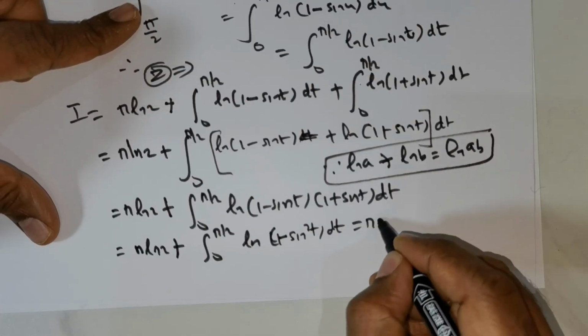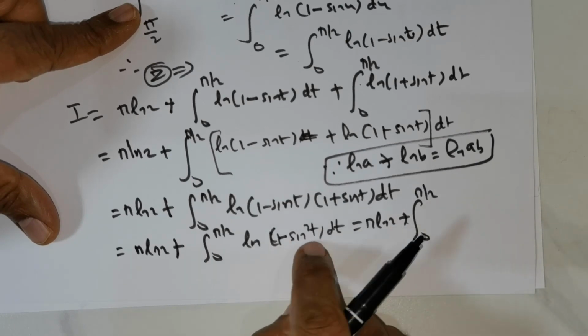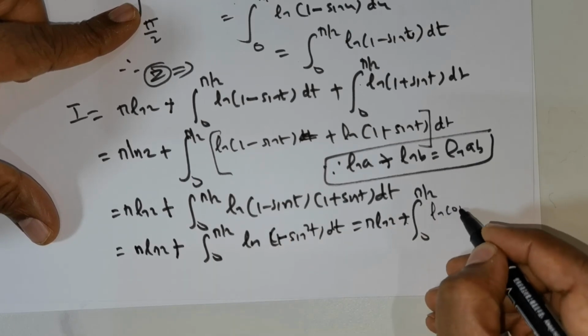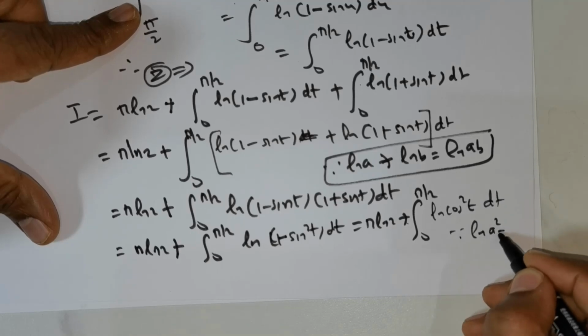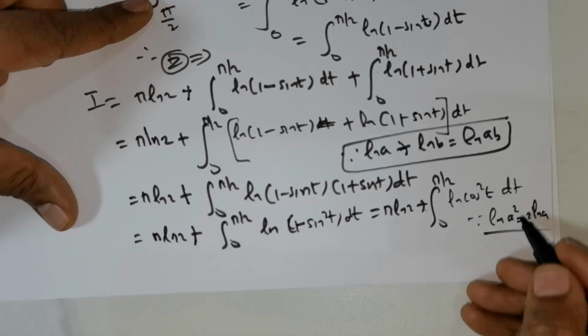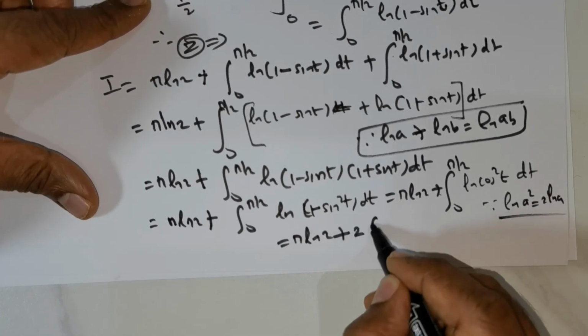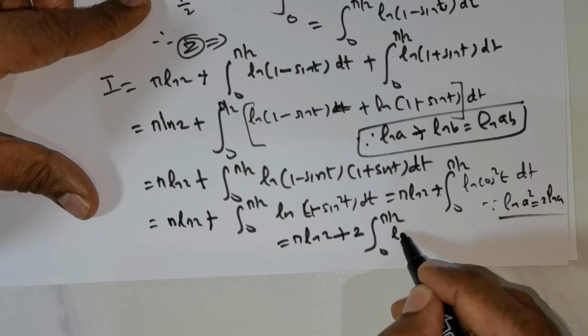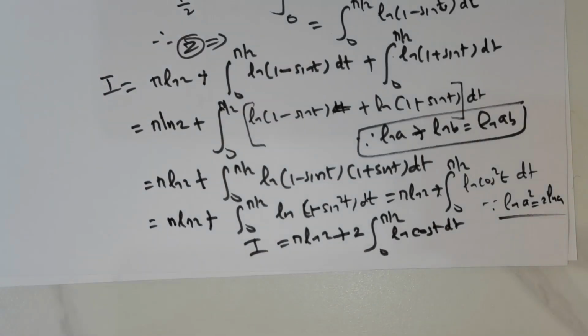This is equal to pi times ln 2 plus the integral from 0 to pi over 2 of ln of cosine squared t dt, since 1 minus sine squared t is cosine squared t. We know the formula that ln of a squared is 2 times ln a. By that formula, this is pi times ln 2 plus 2 times the integral from 0 to pi over 2 of ln cos t dt. And on the left I got I.